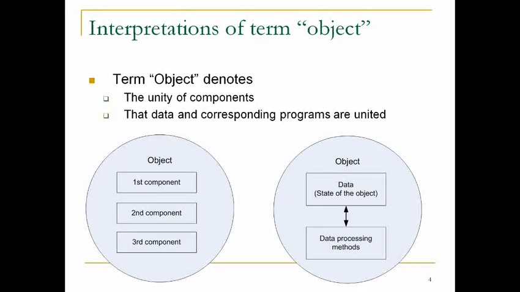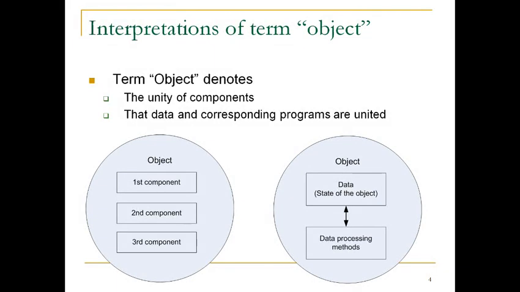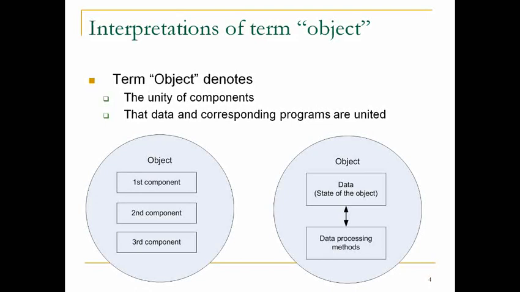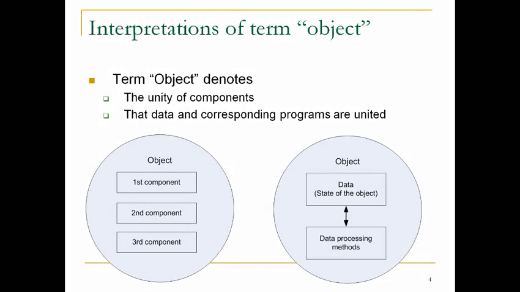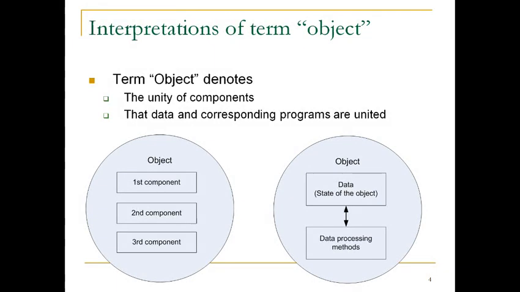And the second thing is that we can keep the data and the methods or the functions processing the data together. We can logically separate the data and the methods of the same topic in the same unit.